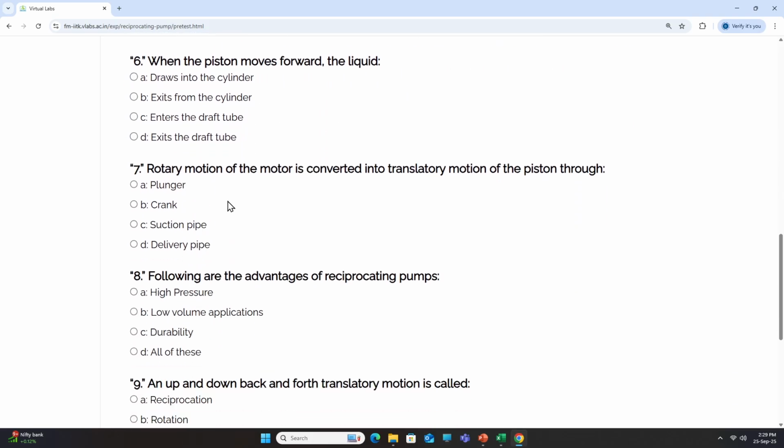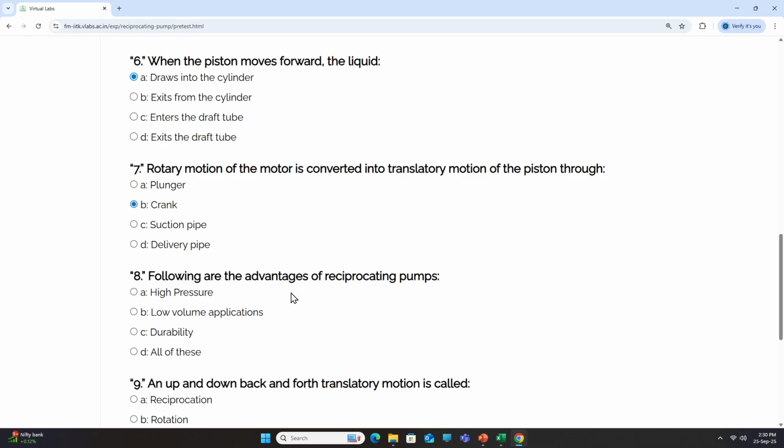When the piston moves forward, the liquid draws into the cylinder. Rotary motion of the motor is converted into translatory motion of the piston through plunger, crank, suction pipe or delivery pipe through crank.